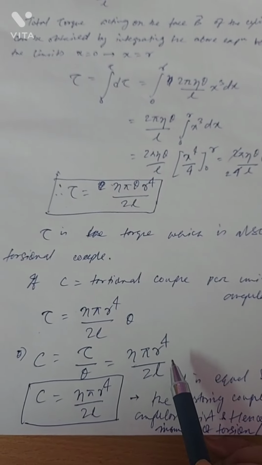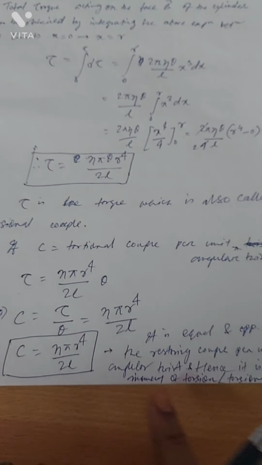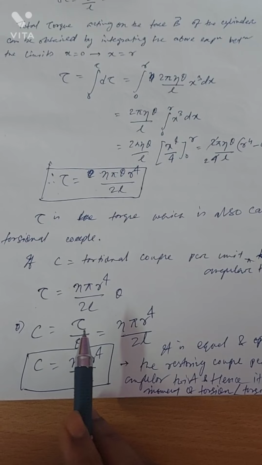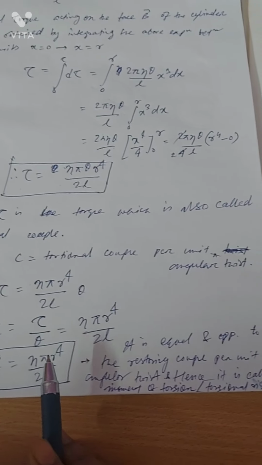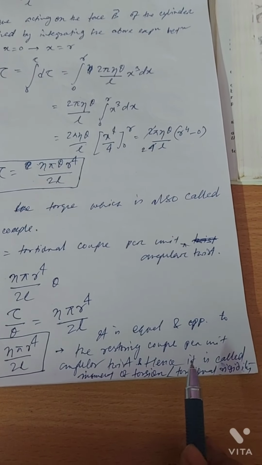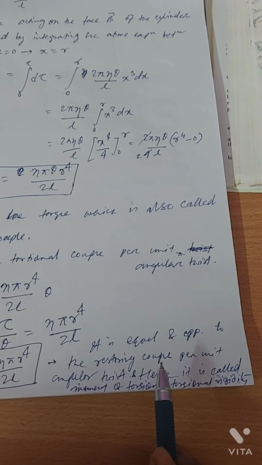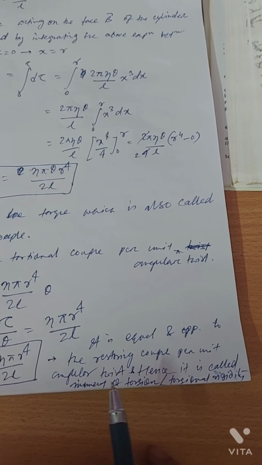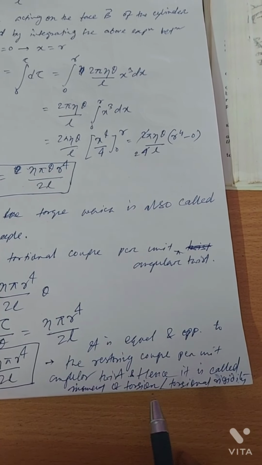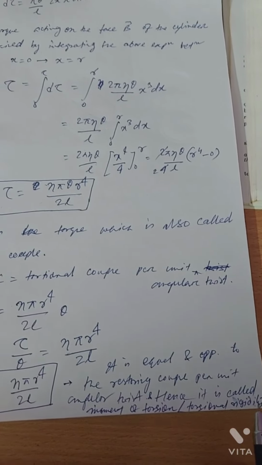Later we saw that this torsional couple per unit twist can also be called the restoring couple per unit twist, and hence it is also called moment of torsion or torsional rigidity. So we have found the torsional rigidity for a solid cylinder.